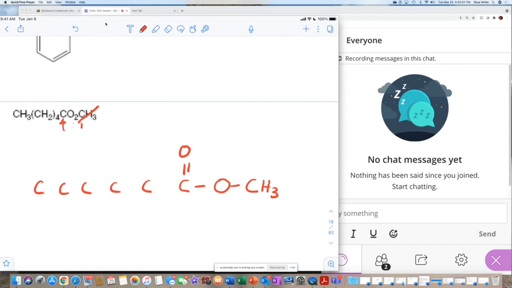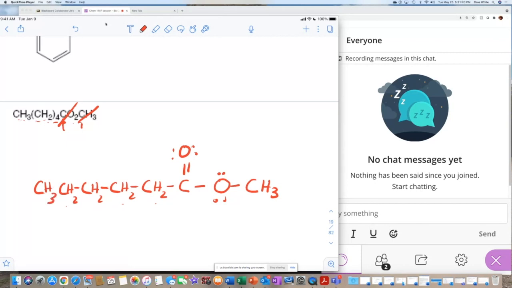So I have this right here, lone pair, lone pair, lone pair, lone pair. So this part is done. I have these, oh sorry, not 3, 4 CH2s. So I got CH2, CH2, CH2, CH2. I'm trying to keep it in the condensed form to make this go faster. These are my 4 CH2s. Then my last C has got 3 H's.